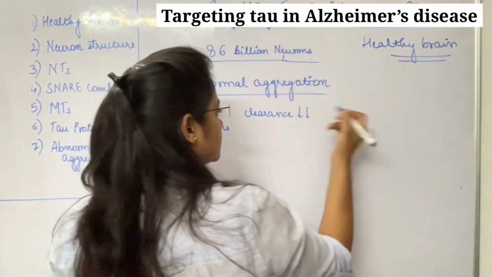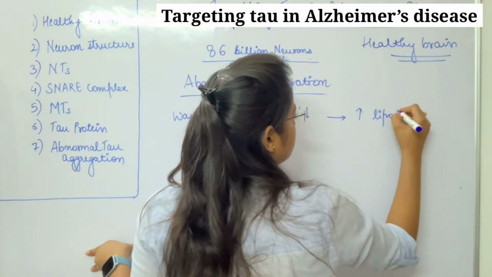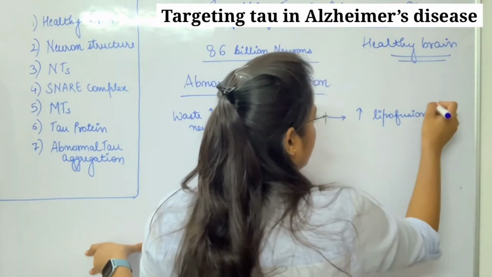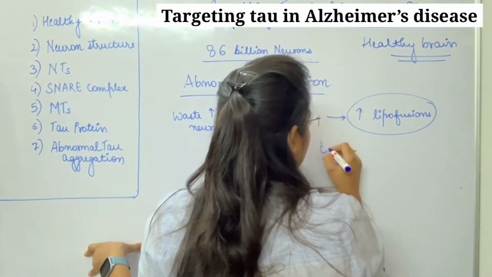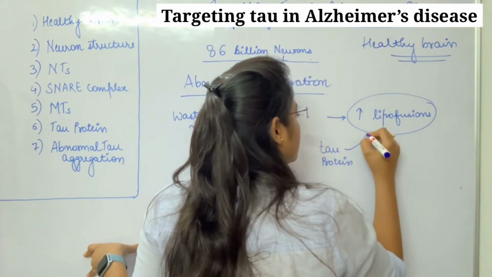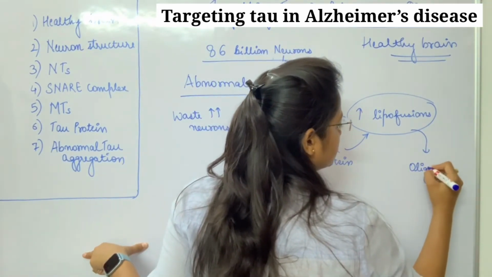This results in an increase in lipofuscins in the neurons. Now tau protein binds to these lipofuscins and forms oligomers.